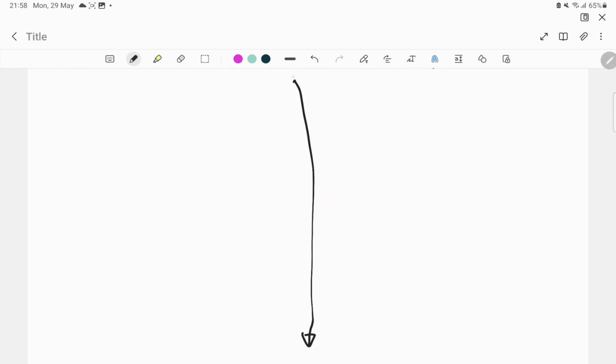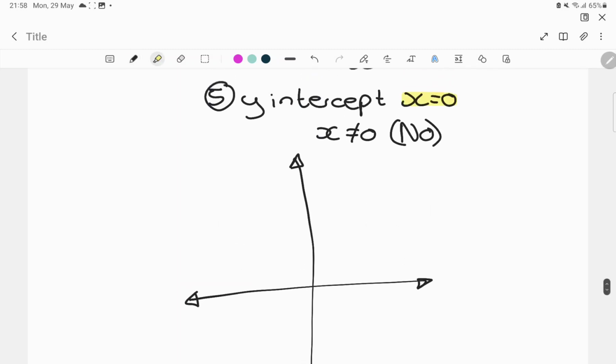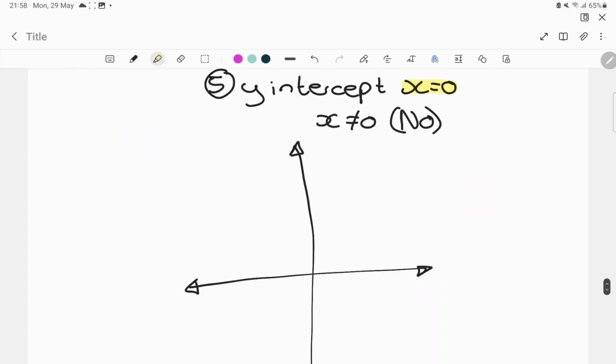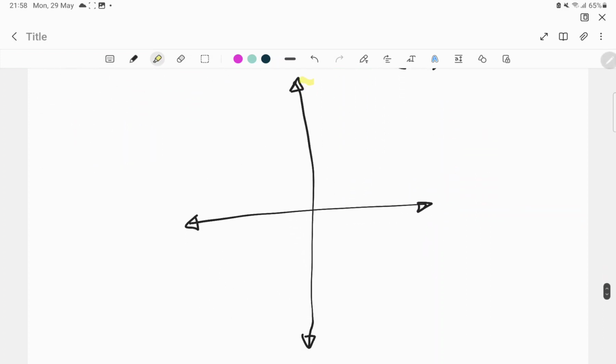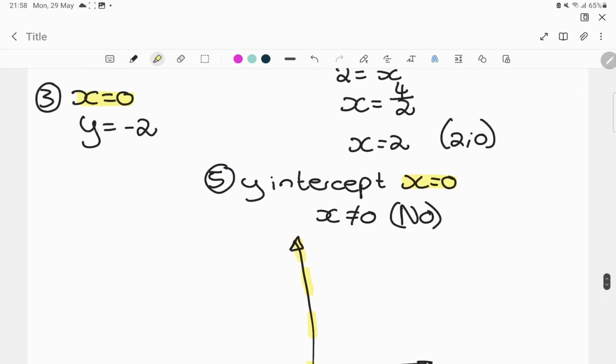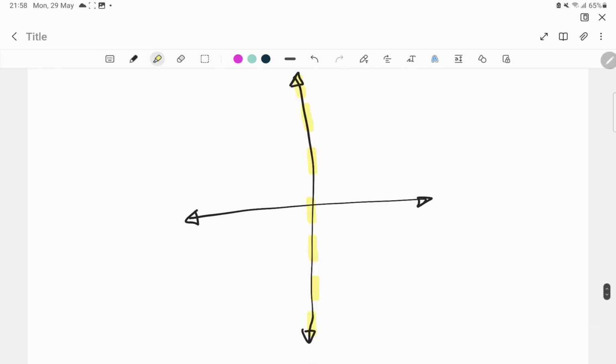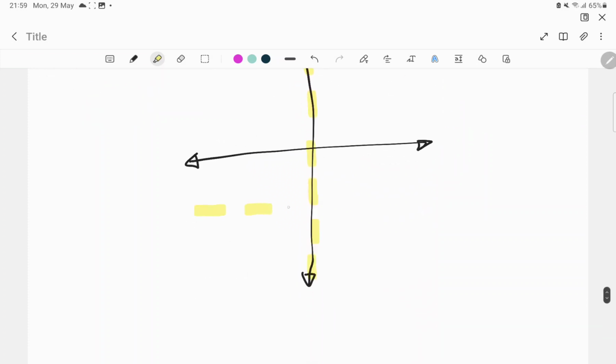Please remember to draw your lines with a ruler. So there's my x-axis and my y-axis. I always start with my asymptotes. My asymptote where x is equal to 0 will be on this line, and then the other is where y is equal to -2, so let's say that is about here.